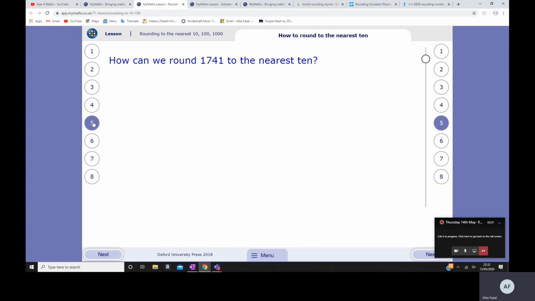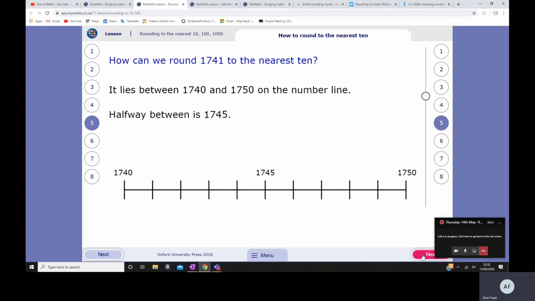How can we round 1,741 to the nearest 10? So 1,741, we've got to say which tens it lies between. So it's 1,740 and 1,750. There's my number line. The number in the middle is 1,745. The position of 1,741 is there.